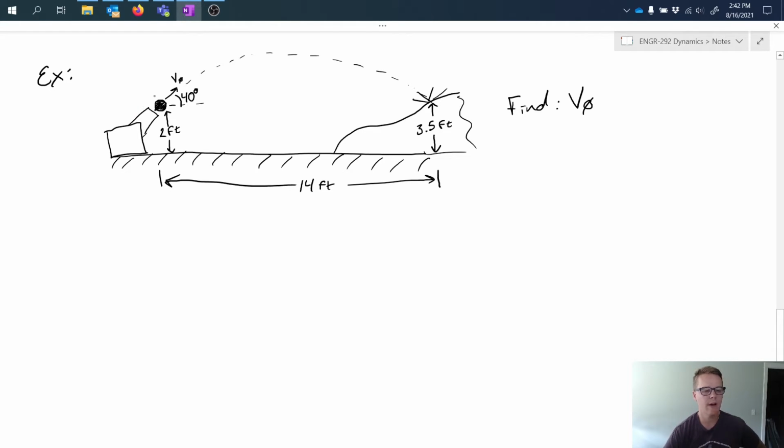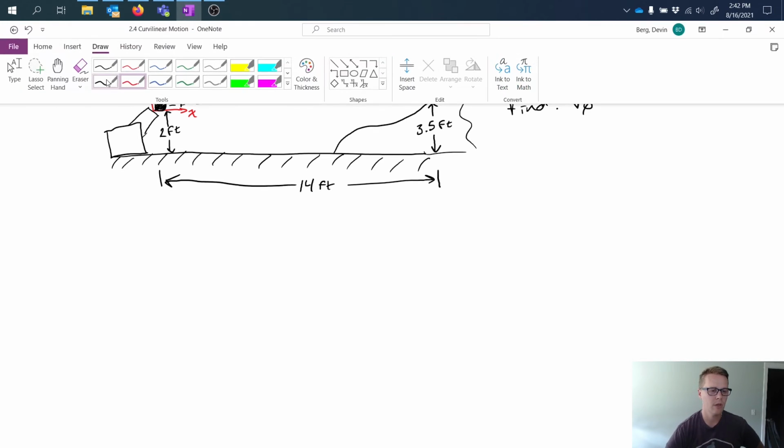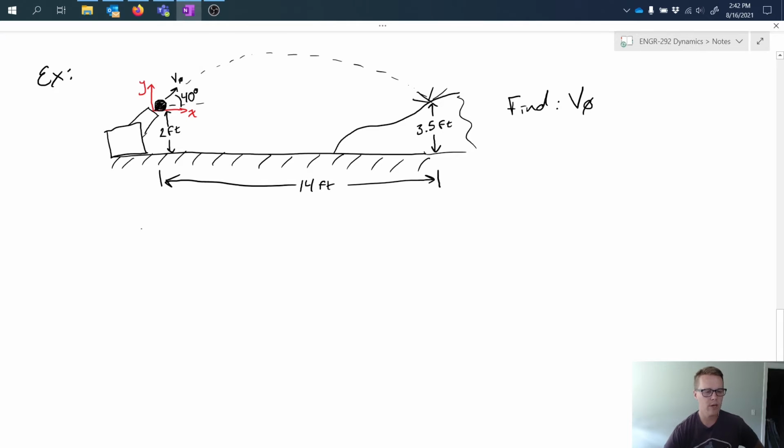I'm going to define a coordinate system, not anything too surprising. I'm just going to define a standard XY Cartesian coordinate system for this. So the things that we know: it travels some distance in the horizontal direction, which we've defined as the x direction, and therefore we can say that delta x is equal to 14 feet.